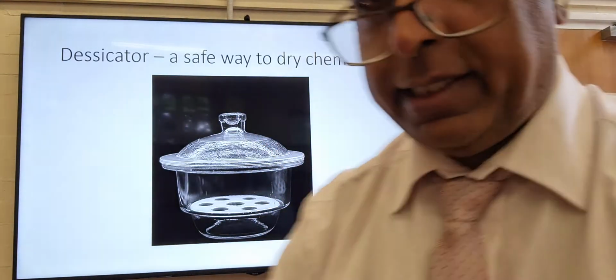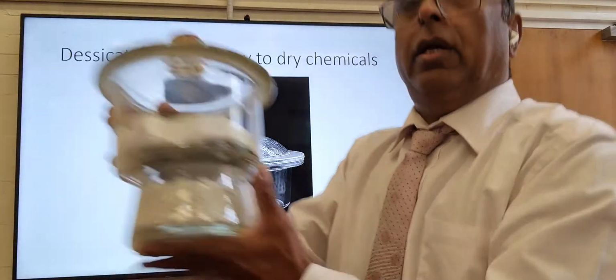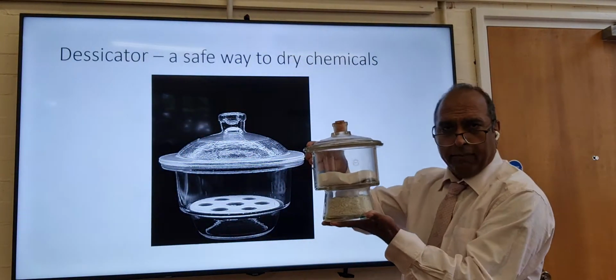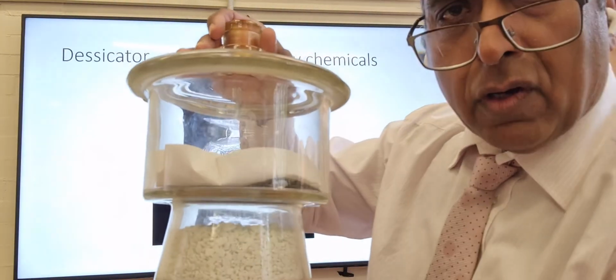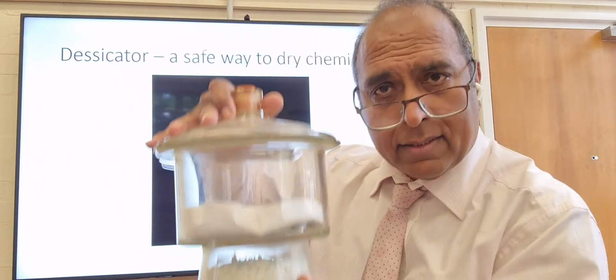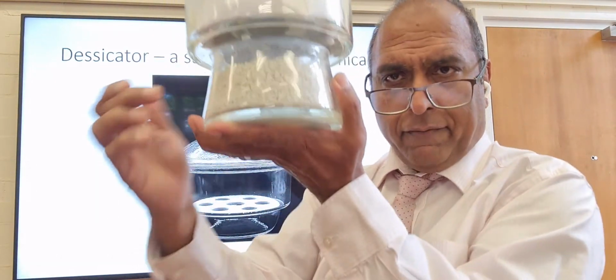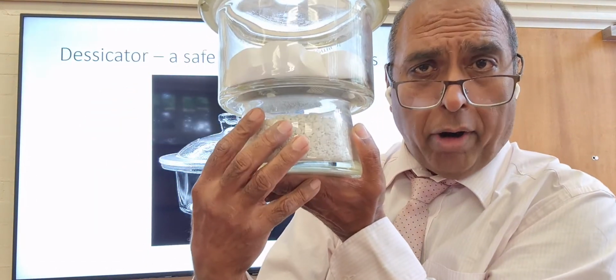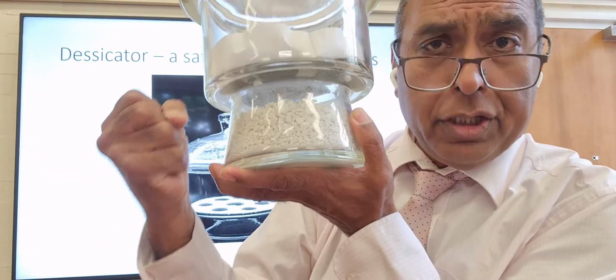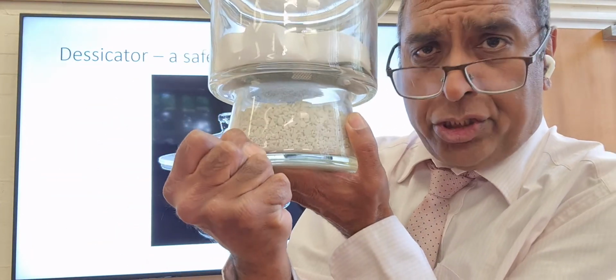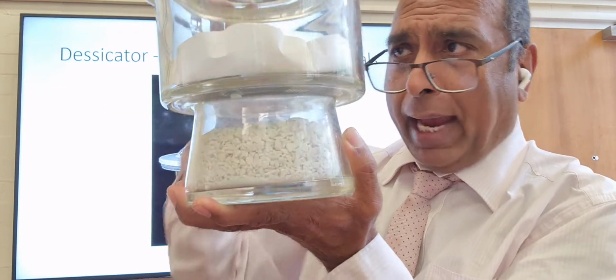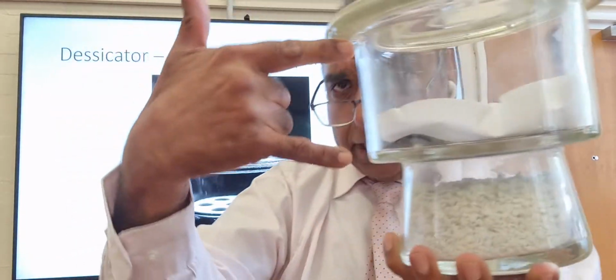There, that's a desiccator. Watch. Ta-da! Desiccator. Desiccators are posh biscuit tins because they've got this white solid, calcium chloride, that absorbs moisture. It takes the moisture out of this top section.